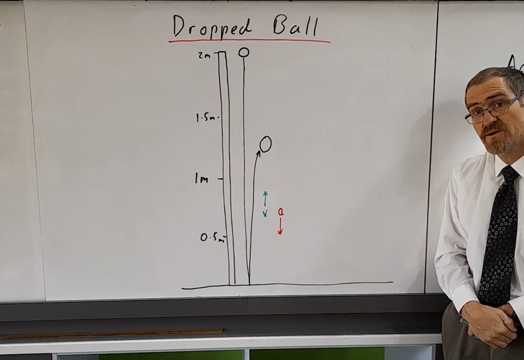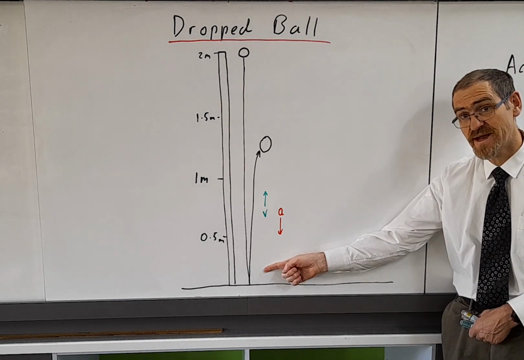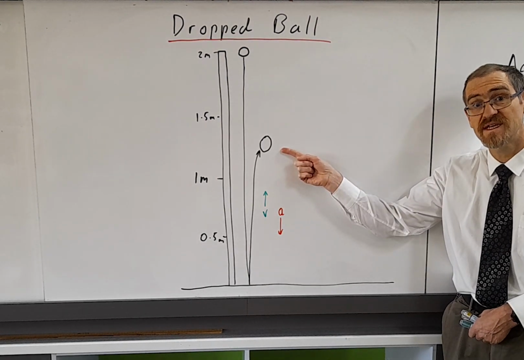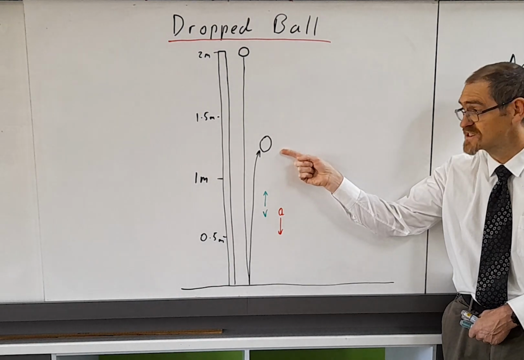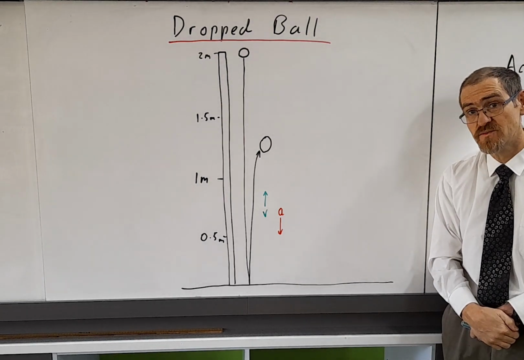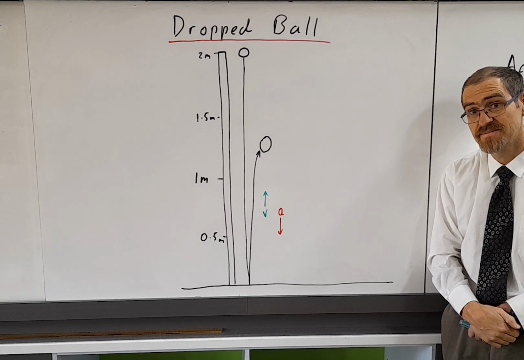The ball slows down. The ball is fastest just after it hits the ground. The ball is slowest at the peak of its run, where it is at 0 velocity. The acceleration is always down. So where we see velocity and acceleration in opposite directions, we will see the object slowing down.